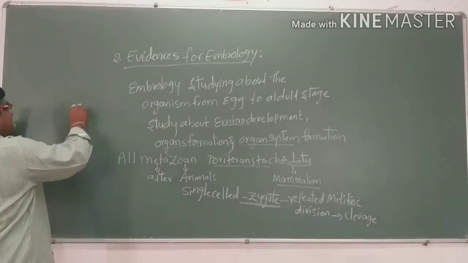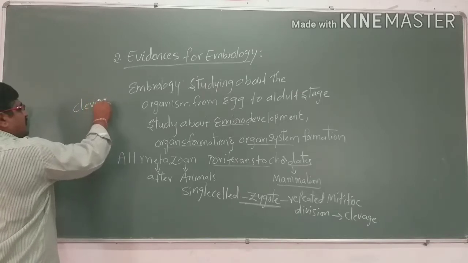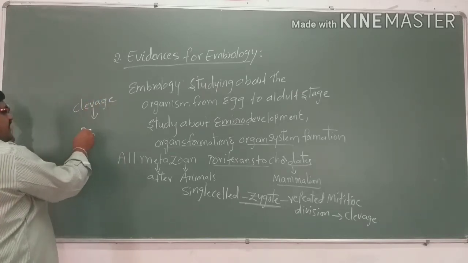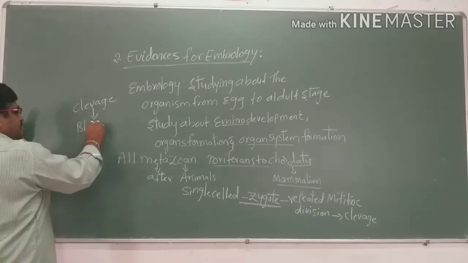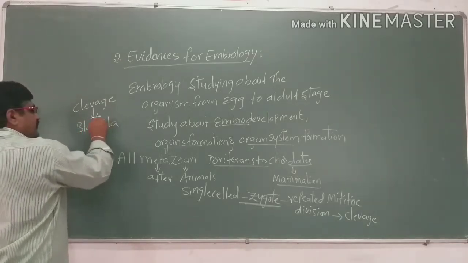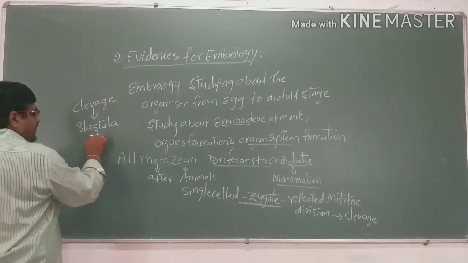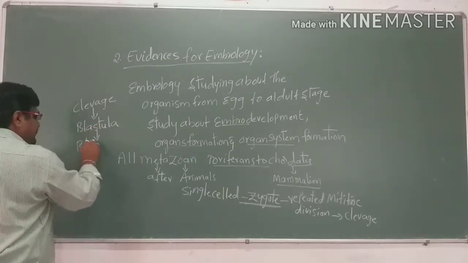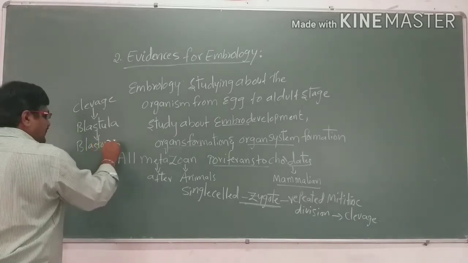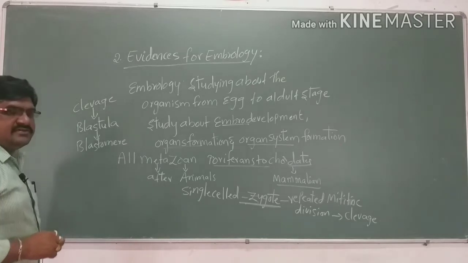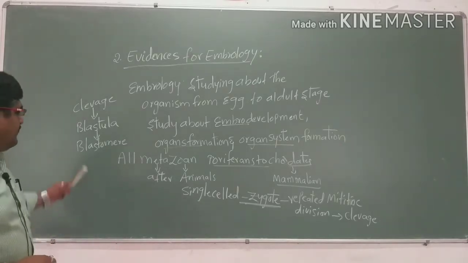From the cleavage it goes to the next stage called the blastula, which consists of blastomeres and forms a blastocoel, that is the embryonic stage.